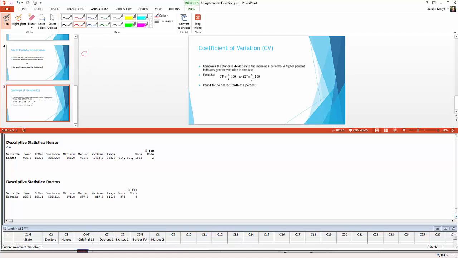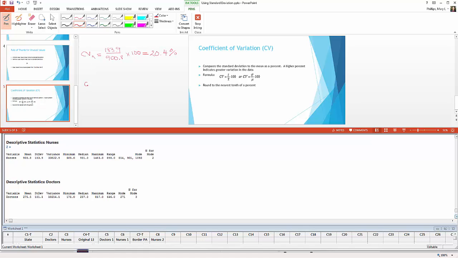So this is CV, with a little n to indicate that this is the nurses. And I take the standard deviation, so here's my nurse data, standard deviation 183.9. I divide it by the mean, which is 900.8, multiply that by 100 to turn it into a percent, and put that on my calculator. And I get an answer of 20.4.